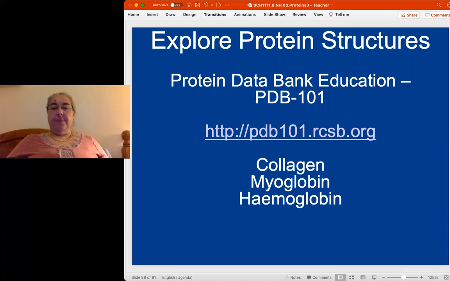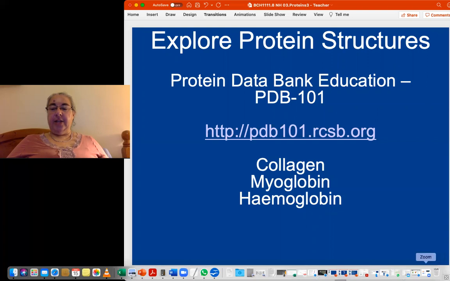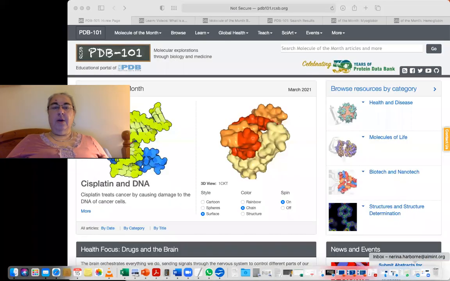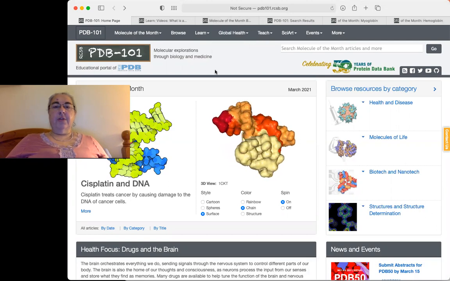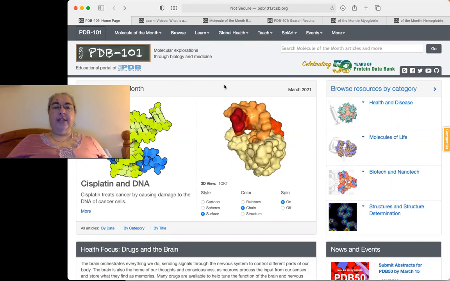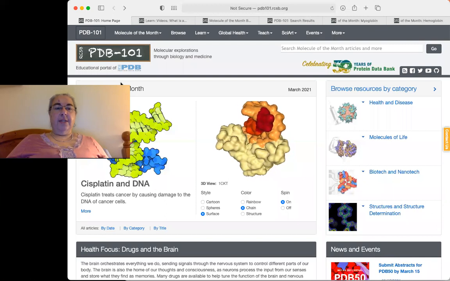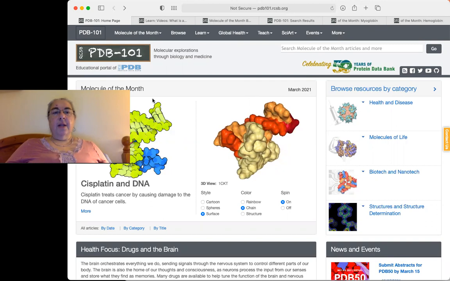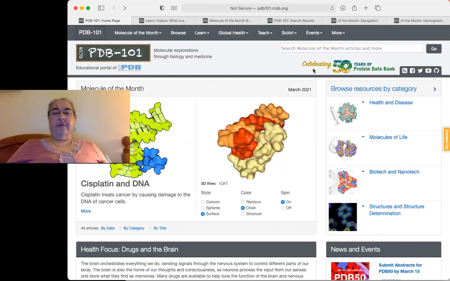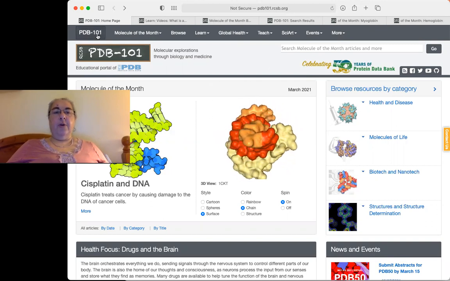The American Protein Data Bank has an educational part, which is called PDB 101. So I'm just going to take you online to the front page that you see. If you go to that web address, this is what you'll see. Let's just move me to one side so you can see better. Okay, so this is the front page of PDB 101.